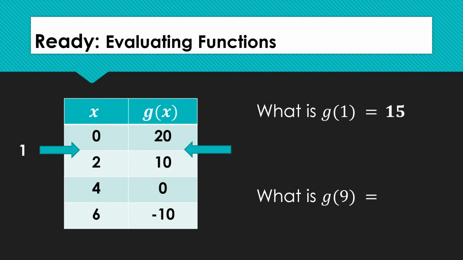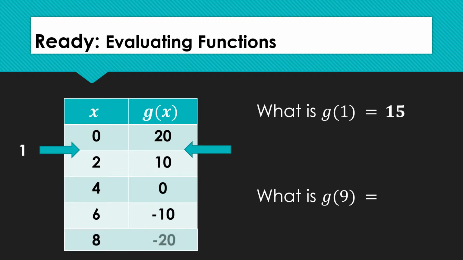So what would g of 9 be? Again, that's not located in our table, but we can easily find that. If we've already found the unit rate, we've already found the rate of change, which is negative 10 over 2, or every time we increase x by 2, we decrease g of x by 10. So if we go from 6 to 8 for our x values, our g of x values would decrease by 10.